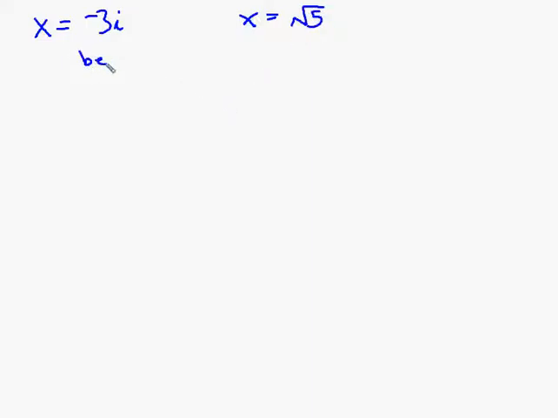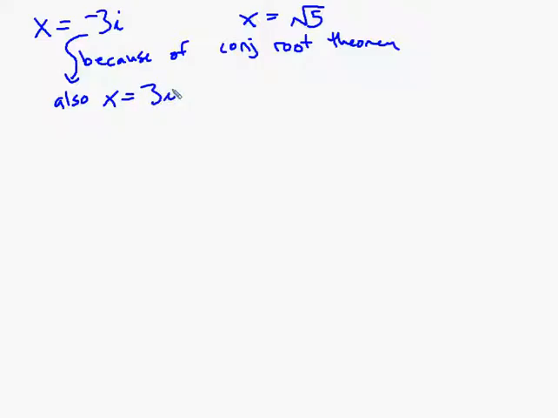Because of the conjugate root theorem, I know that I'm also going to have x equals what? And also x equals negative root 5. Okay? Because of the conjugate root theorem.